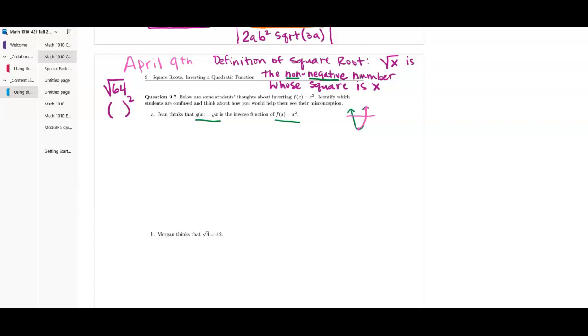The domain, as you look at it from left to right, would be negative infinity to infinity. And with the whole thing, it's not invertible. But if we just look at part of it, it is. So let's just say something like this.